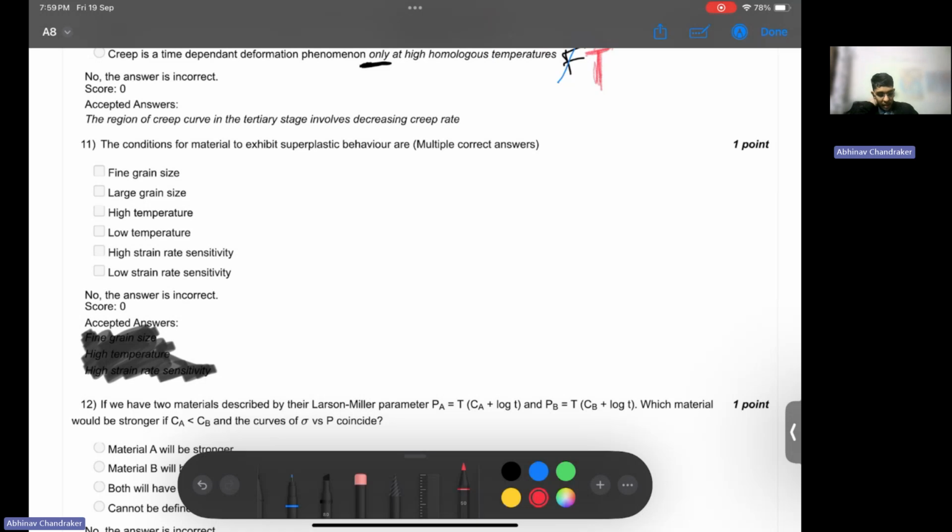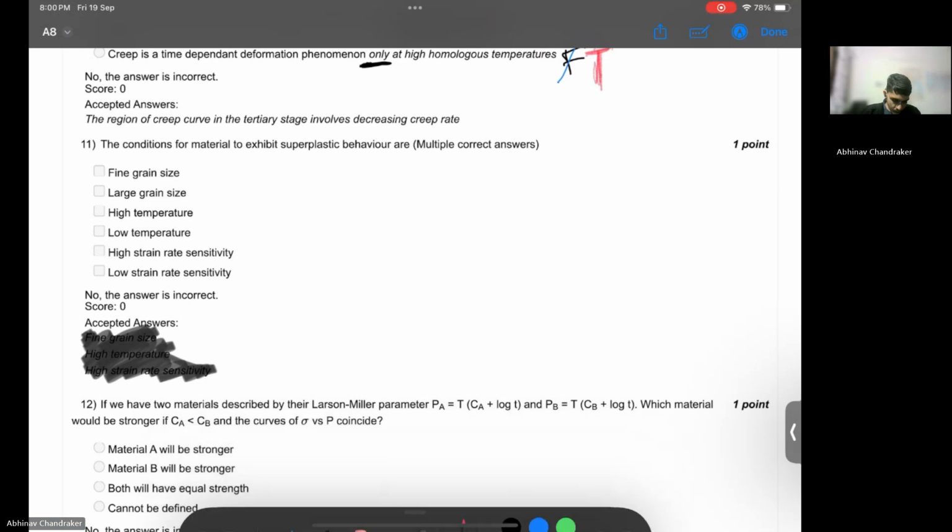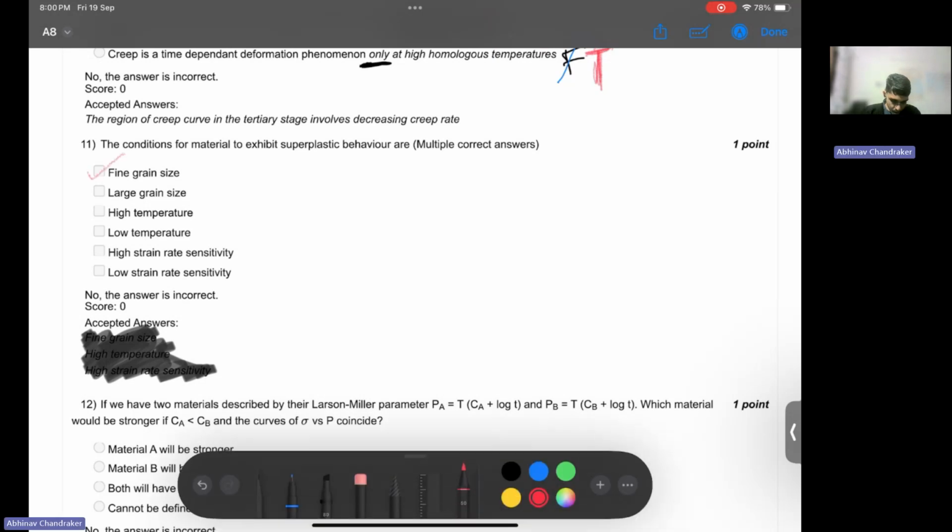Question 11. The conditions for a material to exhibit superplastic behavior are... Fine grain size is known; grain boundary sliding occurs much more in fine grain size.